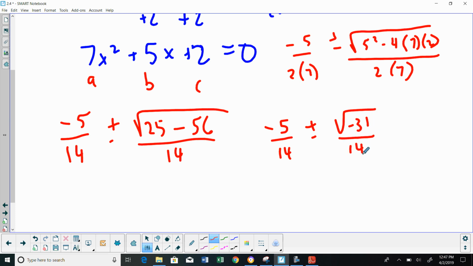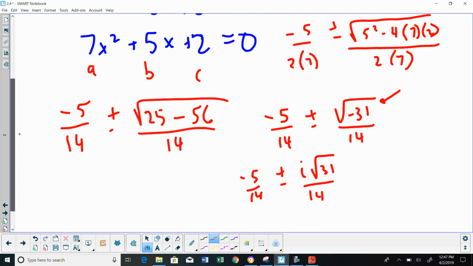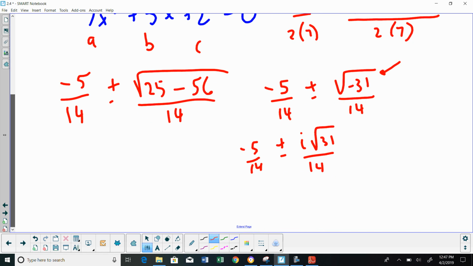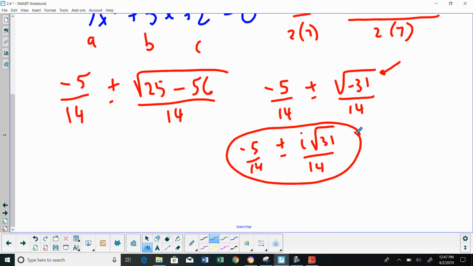We're going to simplify this radical with a negative and write this as -5 over 14 plus or minus i radical 31 over 14. I think that is the answer for this. These are the 2 solutions that are going to work: -5 over 14 plus i radical 31 over 14 and -5 over 14 minus i radical 31 over 14.